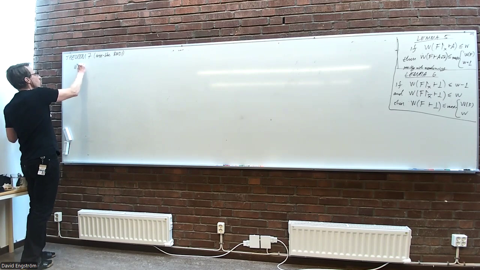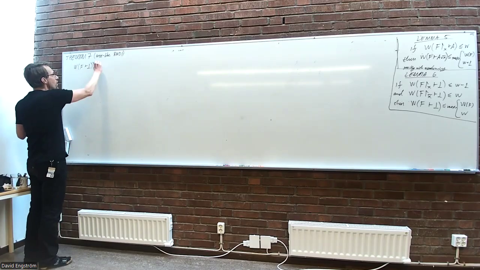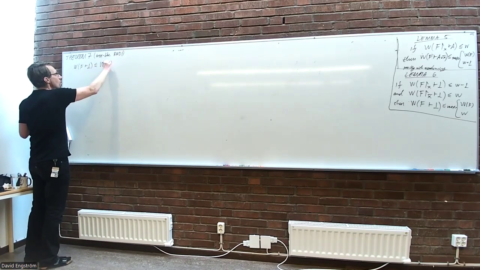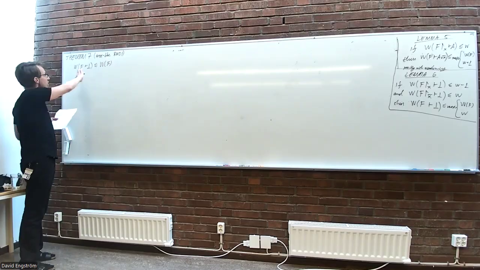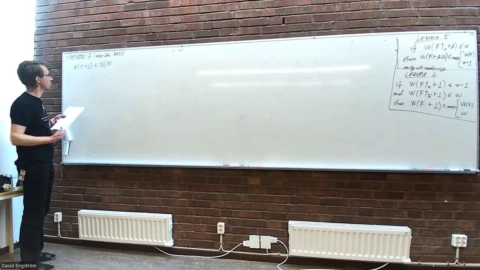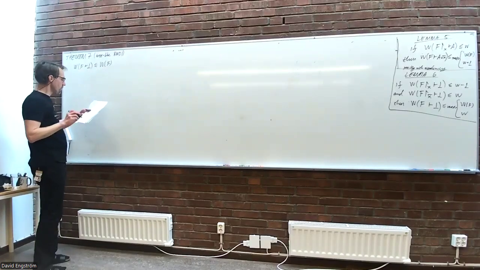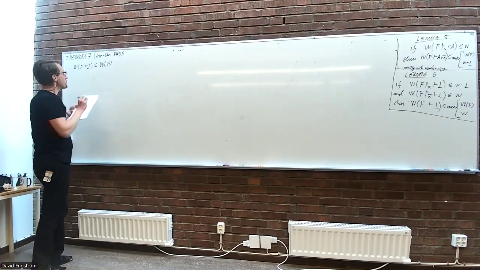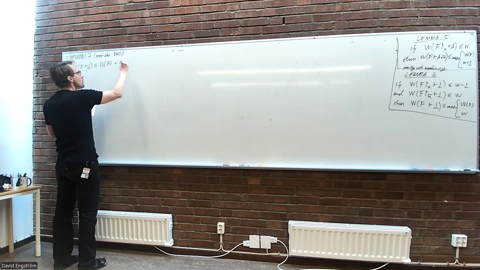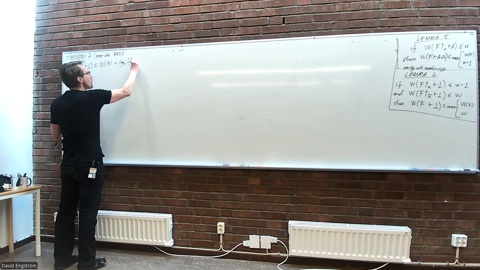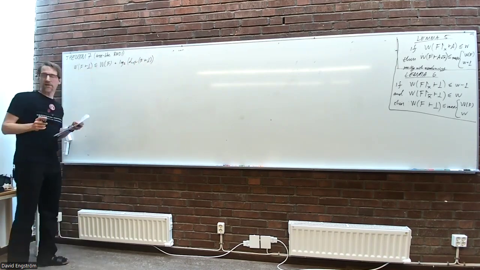The claim is that the width of refuting any formula F is upper bounded by the initial width, because the interesting part is, in particular, if the formula is minimally unsatisfiable so that you can't remove any clauses, then this is a pretty clear upper bound, plus the 2 logarithm of the shortest tree-like refutation of F.